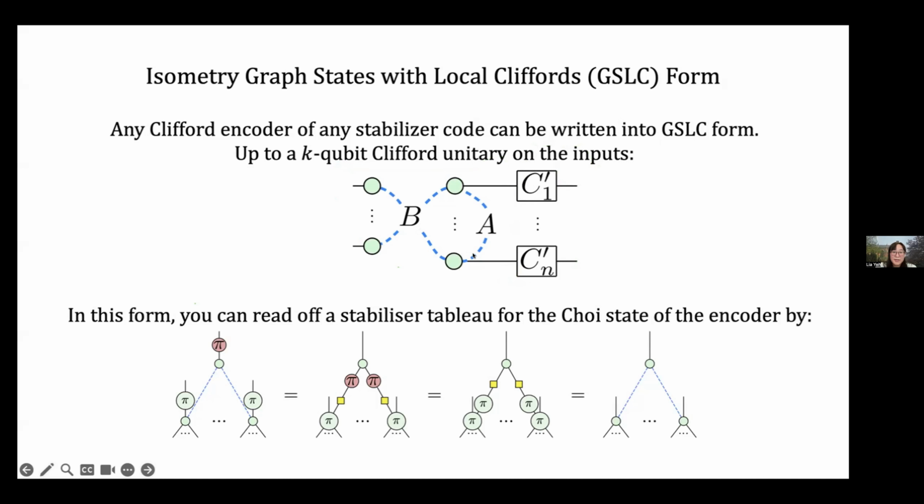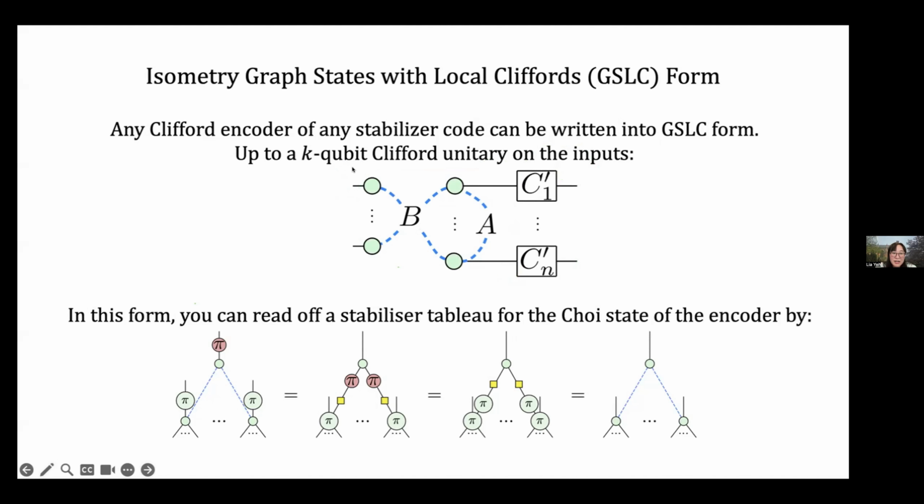So specifically, all you have to do to read off a stabilizer Tableau for the choi state of this encoder is, for each open wire, of which there are n plus k in total, put a Pauli X on one of the open boundaries, whether it's input or output. So let's just say put it here, for example.